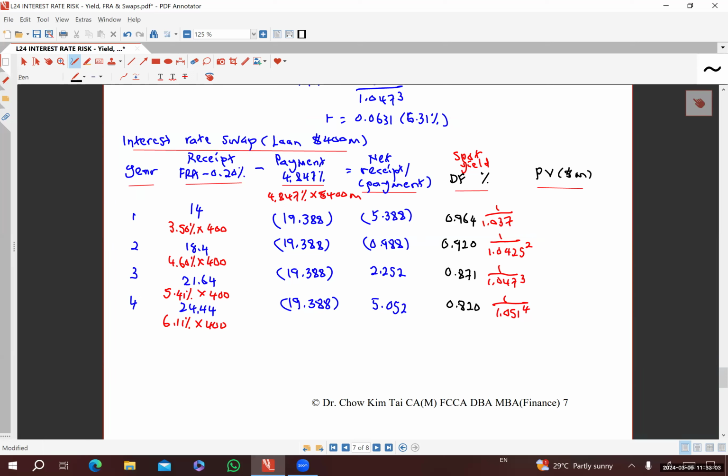So take the net cash flow times the discount factor. Then you add up all of this together.